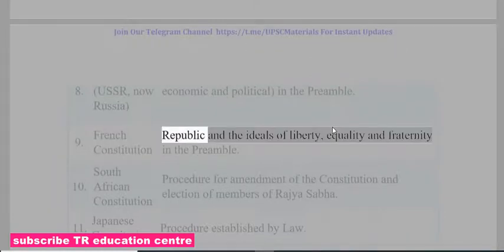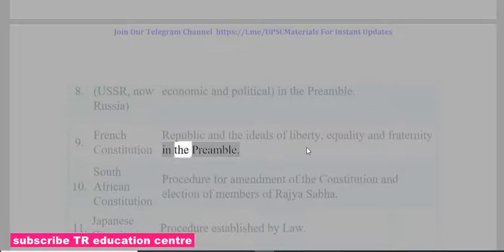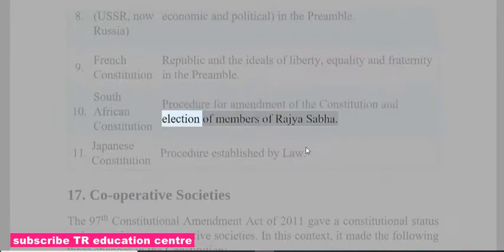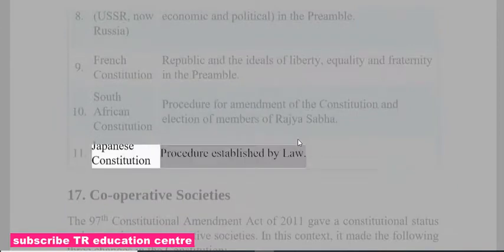French Constitution: Republic and the ideals of liberty, equality and fraternity in the preamble. 10. South African Constitution: Procedure for Amendment of the Constitution and Election of Members of Rajya Sabha. 11. Japanese Constitution: Procedure established by law.